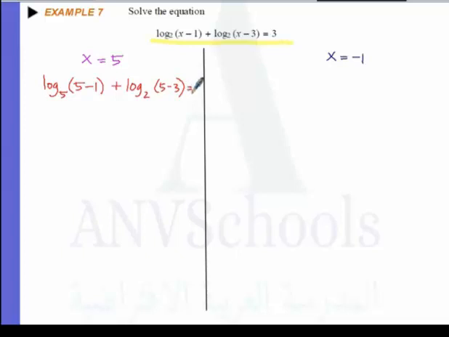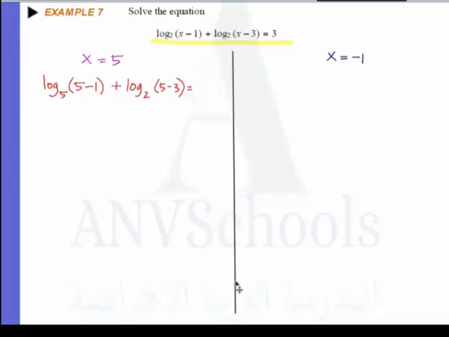Is that equal to 3? Okay, now let us check. This becomes log 5, and the argument is 4 now, plus log.